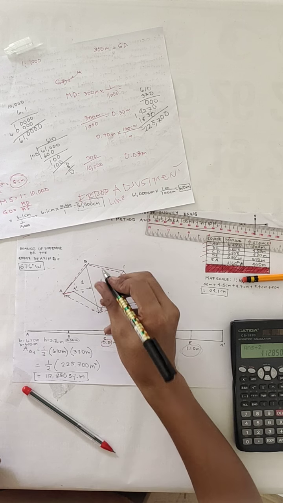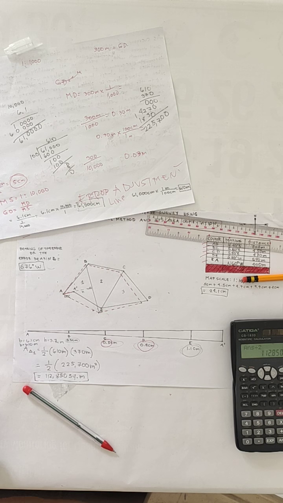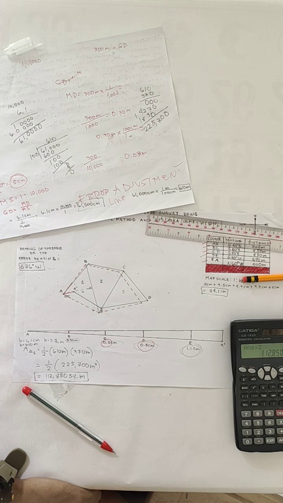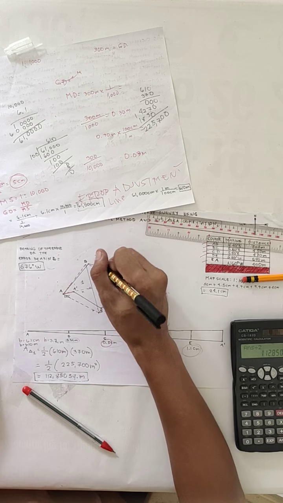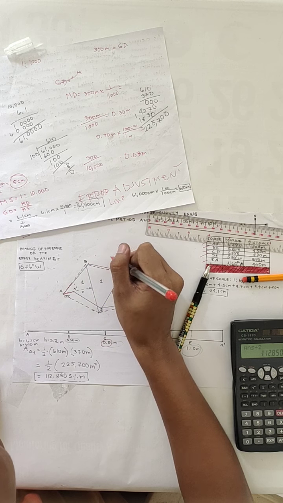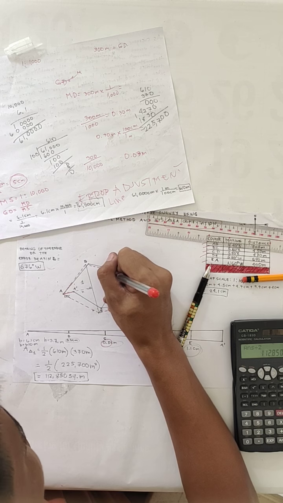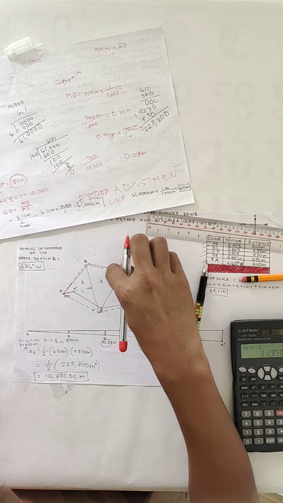So next is triangle 2. We will make this the base, following the grid lines.